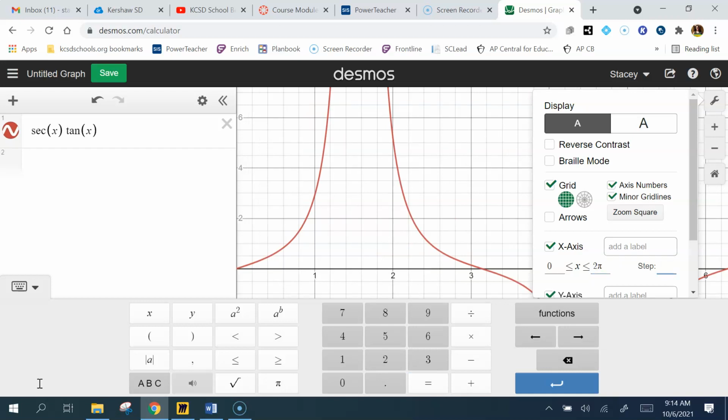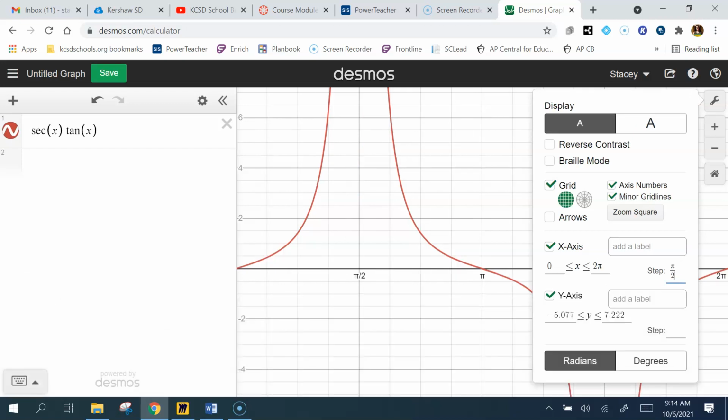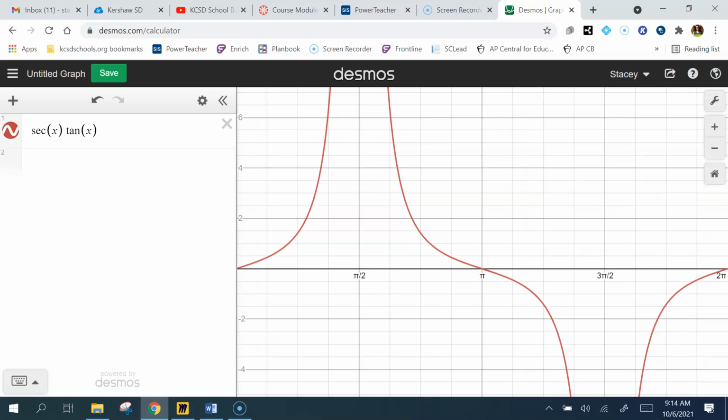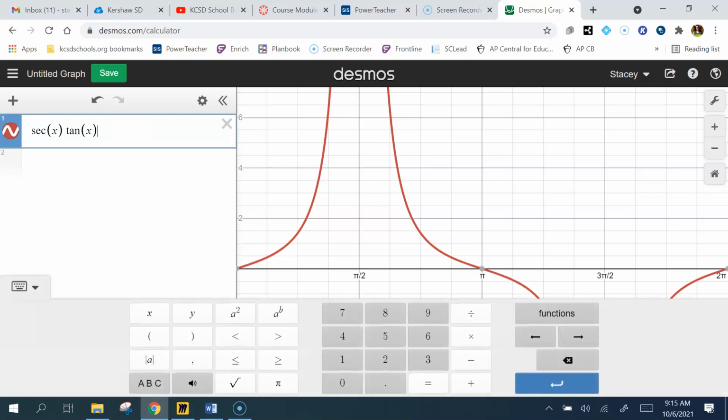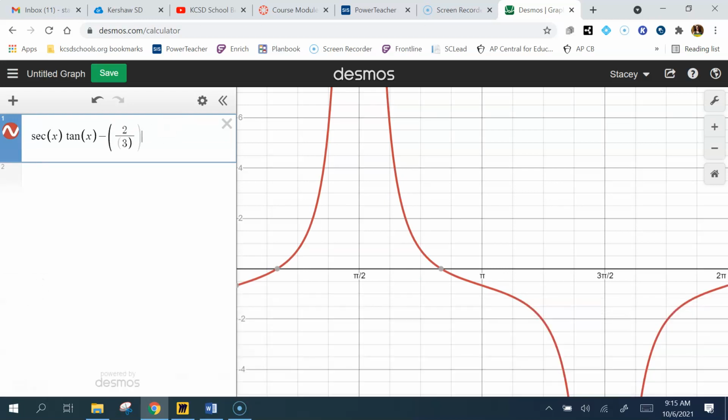I'm going to do my steps as pi over 2, because that's what your Zoom trig would do for you. Oh, I didn't subtract 2/3. Correct. Here, pi over 6 and 5 pi over 6, or 0.524 and 2.61.